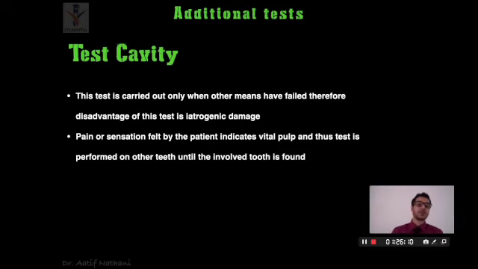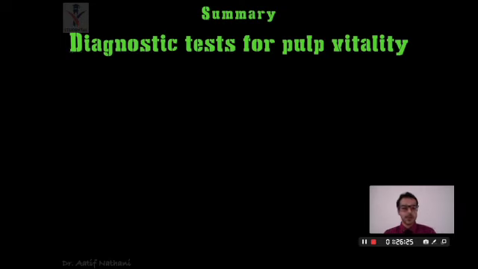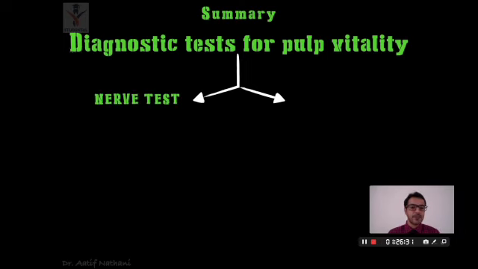Pain or sensation felt by the patient indicates vital pulp, and thus the test is performed on other teeth until the involved tooth is found. Alright, so to summarize everything, diagnostic tests for pulp vitality: nerve test and vascular supply test.